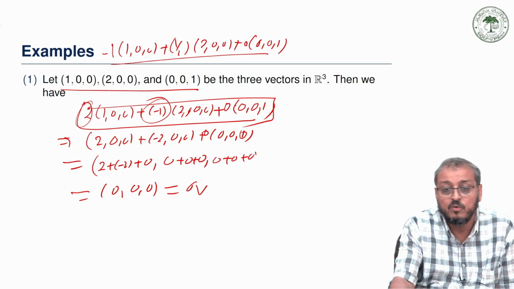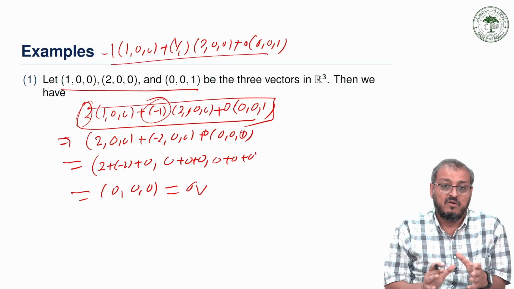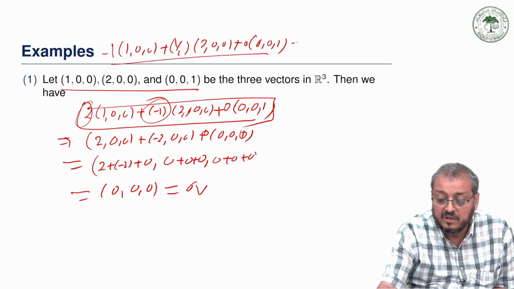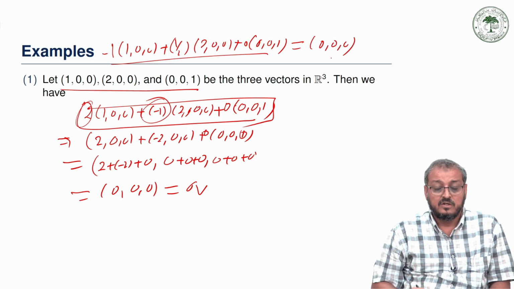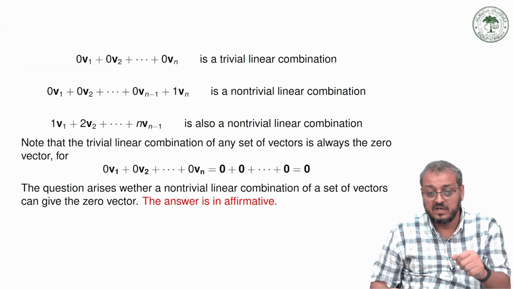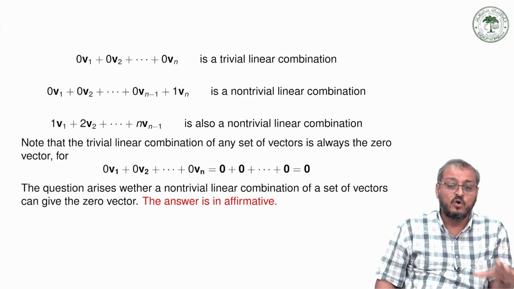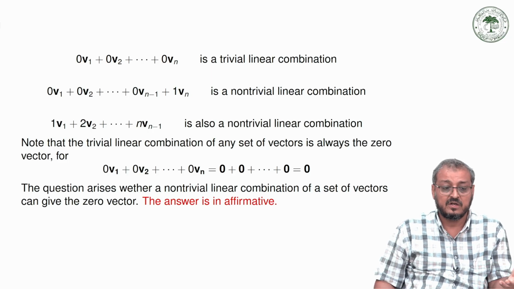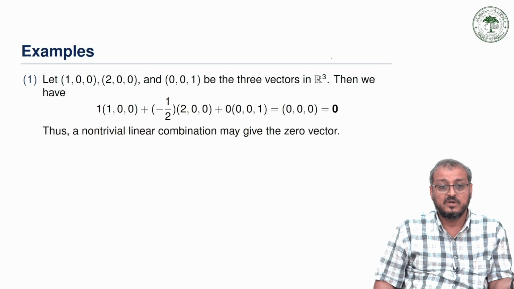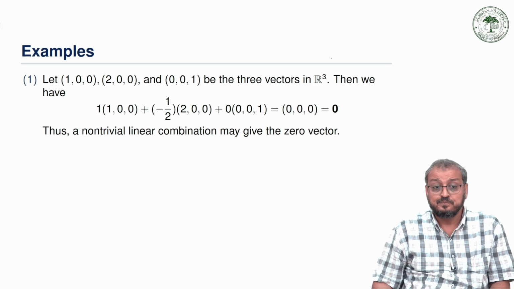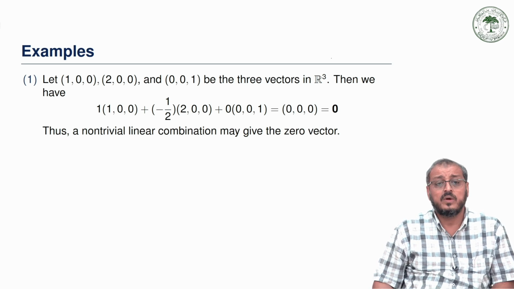So, in both cases we have a non-trivial linear combination, but they are giving us a 0 vector. So, the answer is affirmative: a non-trivial linear combination of a set of vectors can also give the 0 vector. Thus, a non-trivial linear combination may give a 0 vector.